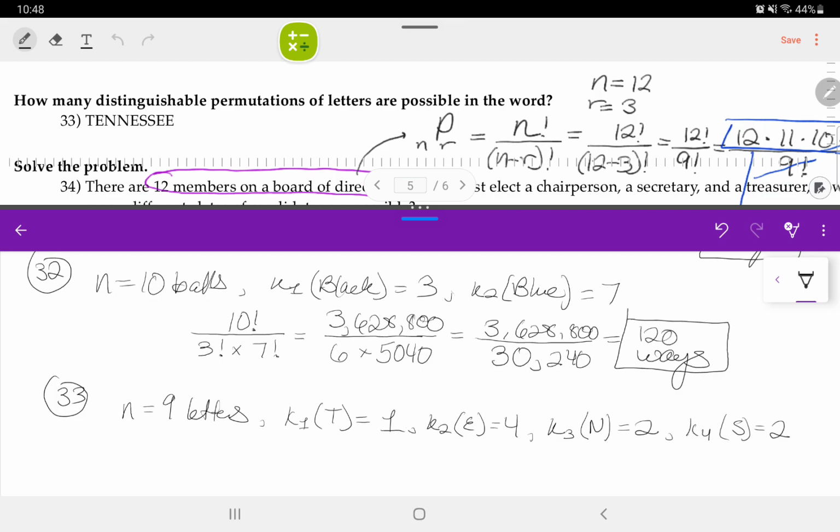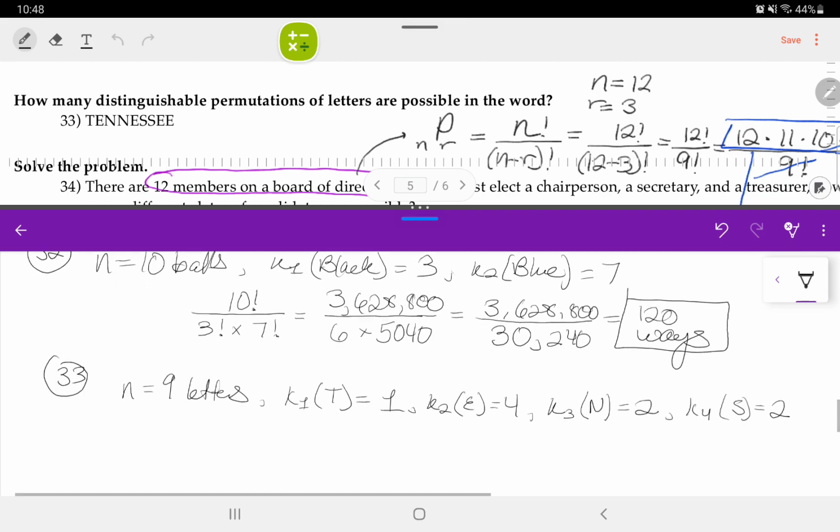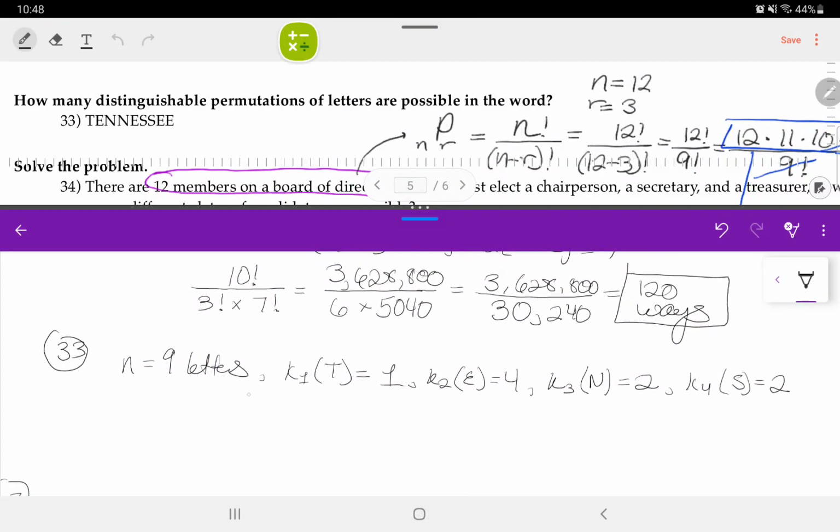So once again, we're going to use the distinguishable permutation formula. 9 letters, so 9 factorial divided by K1 factorial, which is 1 factorial, times K2 factorial, which is going to be 4 factorial, times K3 factorial, which is 2 factorial, times K4 factorial, which is once again 2 factorial.